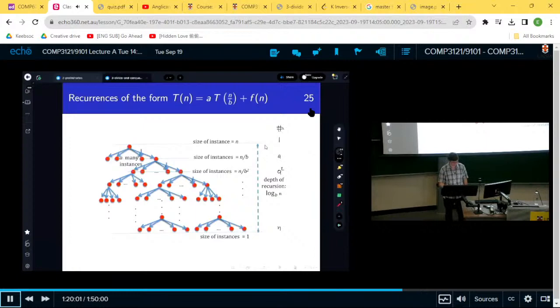Well, it would be 1 plus a squared plus etc. I guess most of the nodes would be at the very bottom level, right? So there are n nodes at the bottom level.